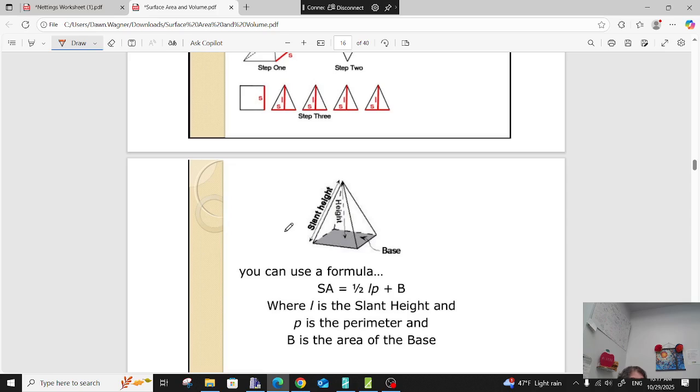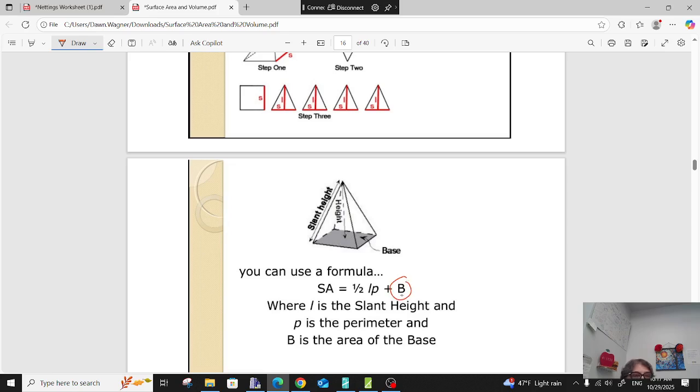Perimeter, you have to do an operation to get perimeter, correct? That would be adding all the base's sides together. Or if it's regular, side length times the number of sides. Area of the base. Okay, this is where it gets confusing. So please listen.